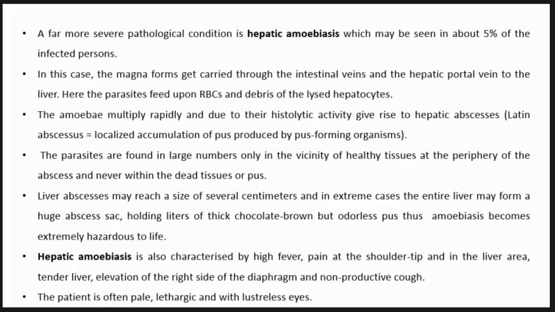So this may reach a size of several centimeters, in extreme cases the entire liver. Very rarely does it happen that the whole of the liver is infected by this organism. If such a thing happens, then the whole liver forms a huge abscess sac, meaning within the liver a lot of dead tissue will be there and pus formation will be there, holding a thick chocolate brown odorless pus.